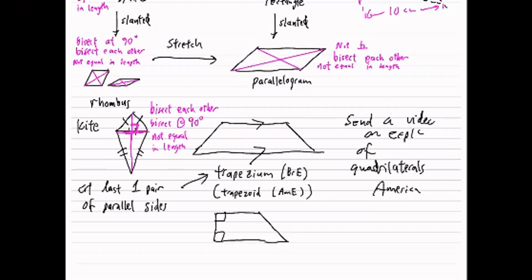They don't bisect each other, not in general, usually. Let me show you a more extreme example of a parallelogram. Maybe something like here, here, and then here. Like this, and then like this. They definitely don't bisect each other. So for a trapezium, they don't bisect, and don't bisect at 90.